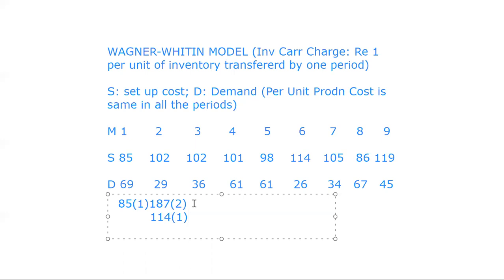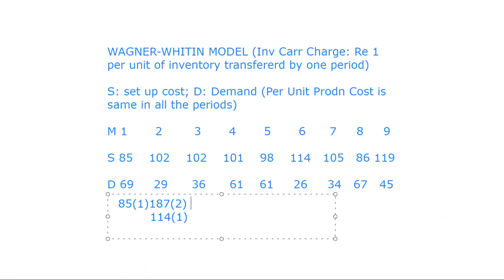So now the next person, if I'm producing in the 3rd period. Excuse me, sir, can you please repeat the last point? If we only produce in the first period, how is the cost 114? I'm considering only a 2-period problem, and demand is 69 and 29, production cost need not be there.